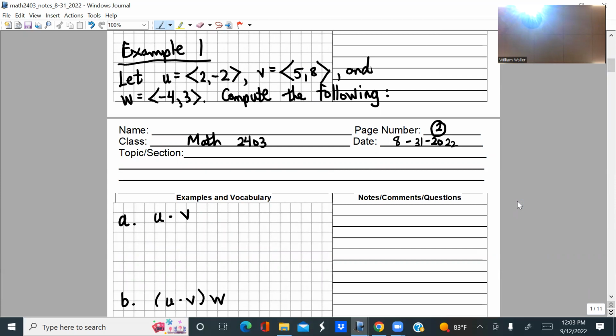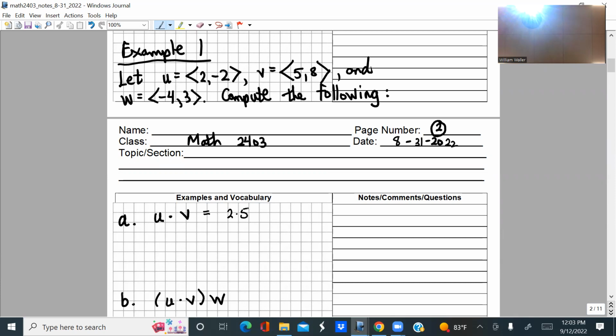So suppose we've got these vectors and we want to compute u dot v. Sometimes you can drop the dot, and if you see u and v written side by side and you know they're vectors, that probably means dot product. What is the dot product of u and v here? Again, you just multiply corresponding components.